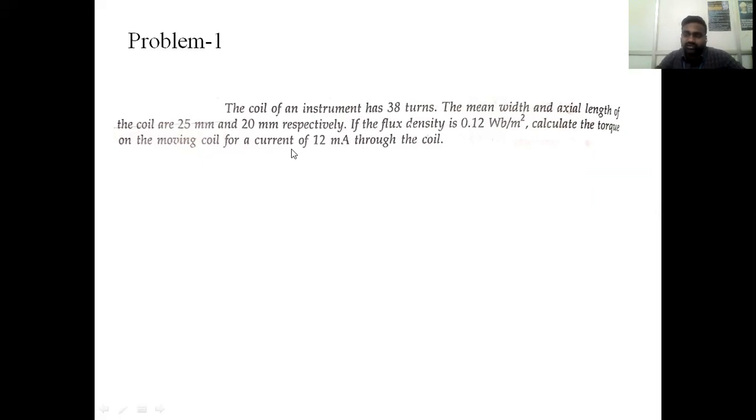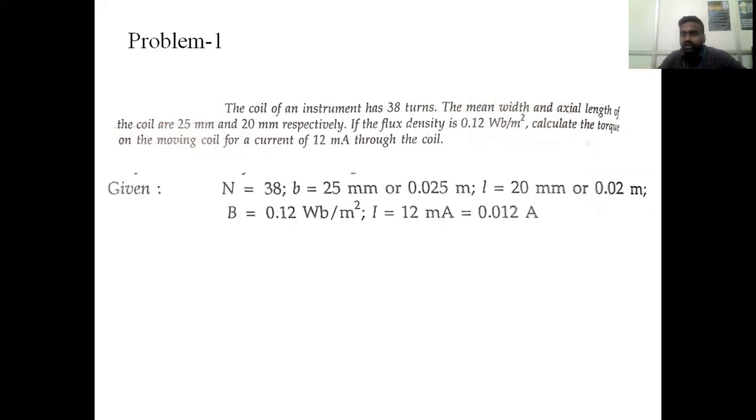So from that, what is the given data? The number of turns N is equal to 38. And we have the breadth, that means the rectangular former of the PMMC instrument. In between the magnets, we have an aluminum former, and the breadth of that former is around 25 mm, that is 0.025 meters.